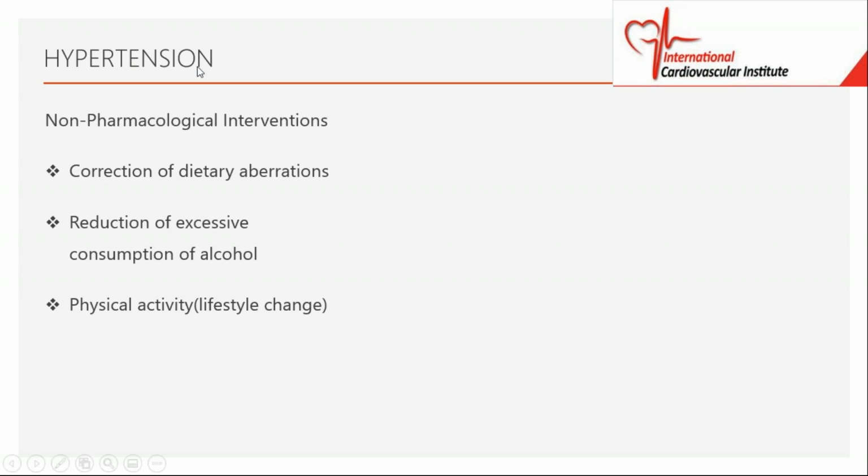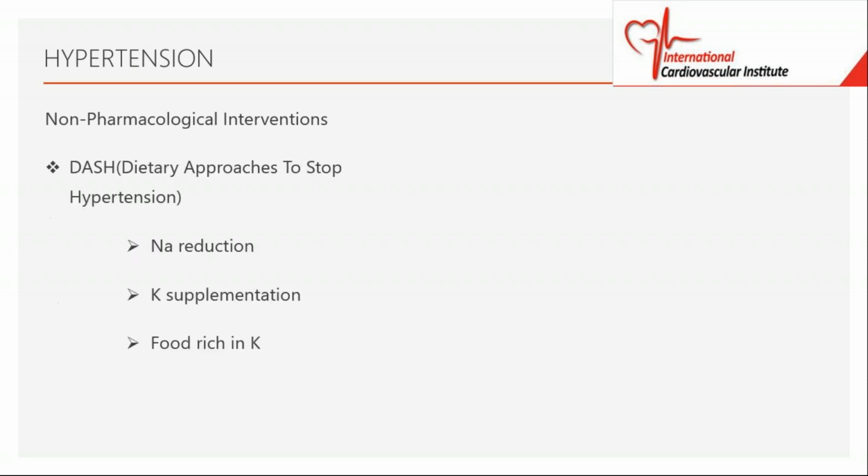So if we can correct dietary aberration, if we can get the patient to reduce the consumption of alcohol, and if we can get patients more physically active, we can reduce blood pressure quite a bit.